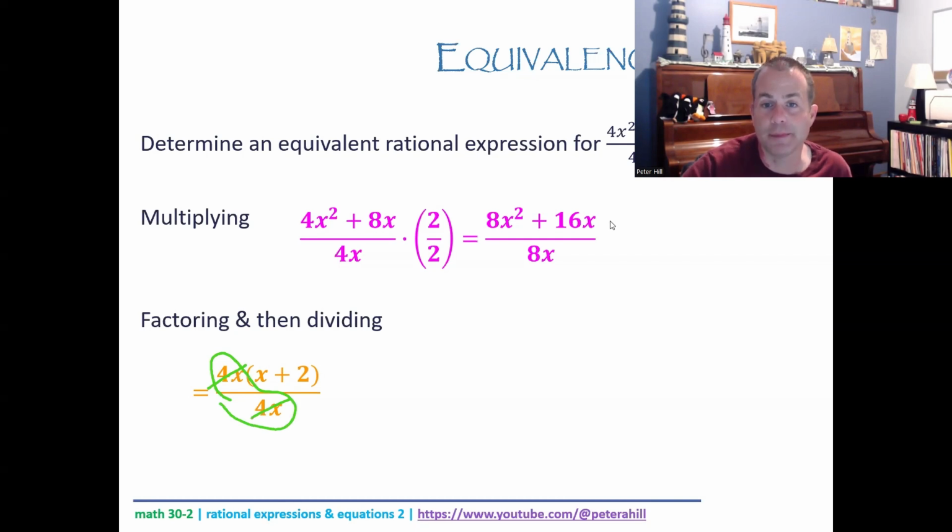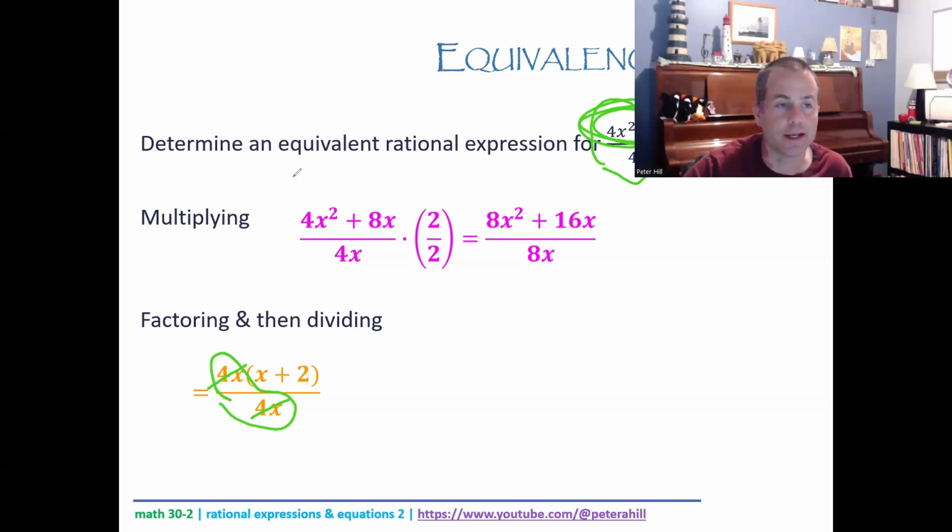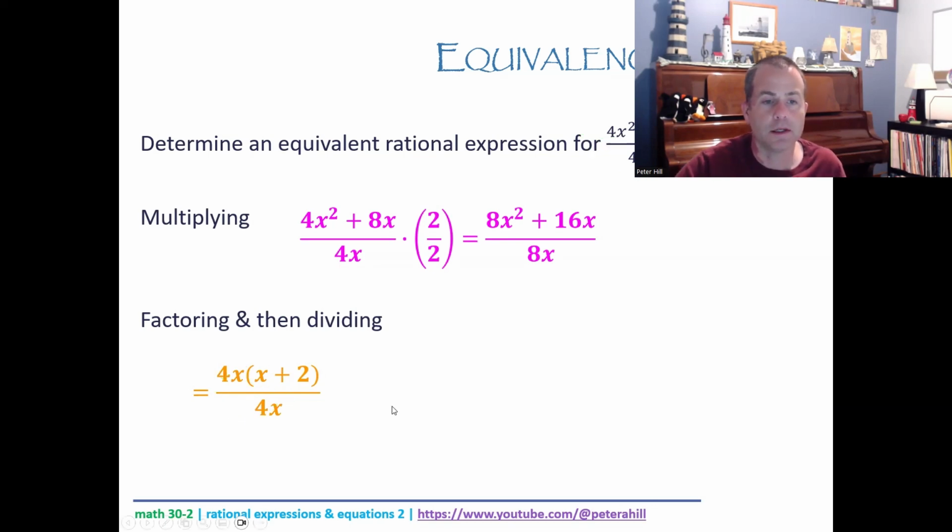Whereas up here, these are attached to each other, okay? So you just have to be super, super careful of that. But down here, I am totally good to go and divide out those 4x's because it's multiplication now, okay? All right, so that's going to leave me with x plus 2. Yay, okay.